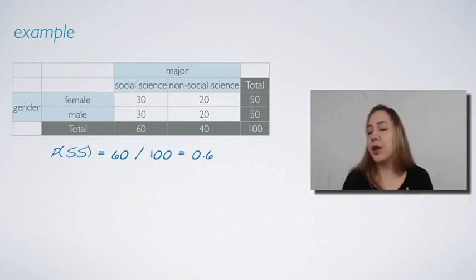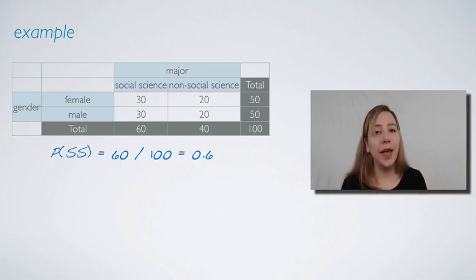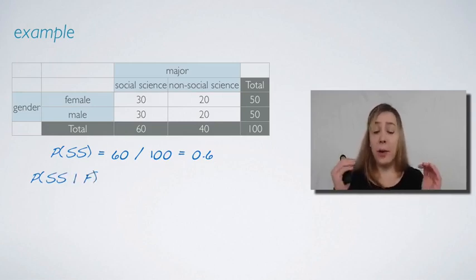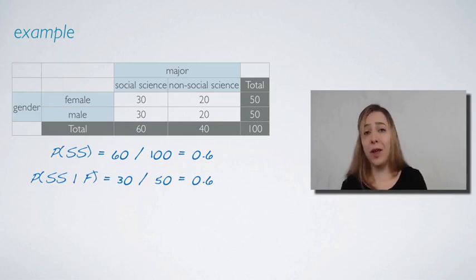Now let's condition on the gender. What is the probability that a randomly selected female student is a social science major? Well, we have 50 females in the class and 30 of them are social science majors. So probability of social science given female is going to be 30 out of 50, 60% as well.